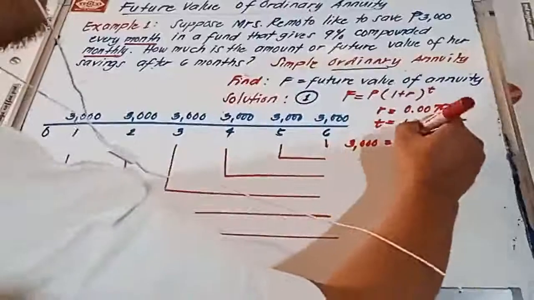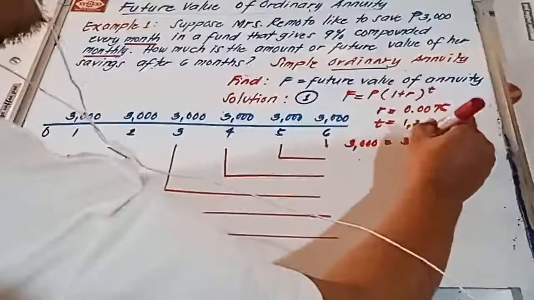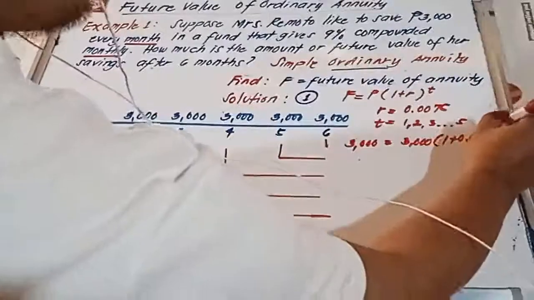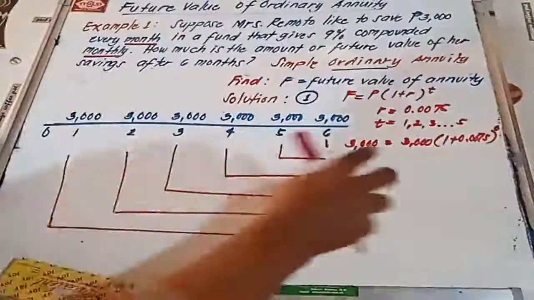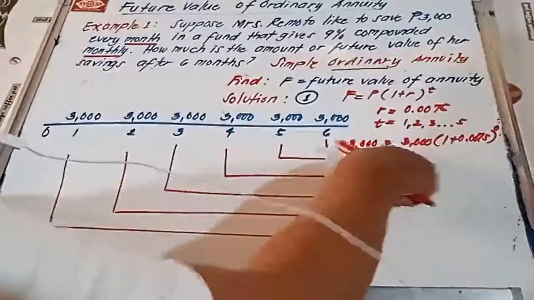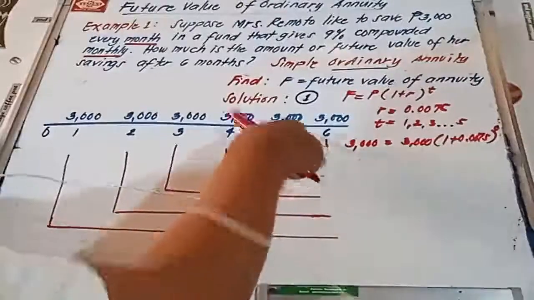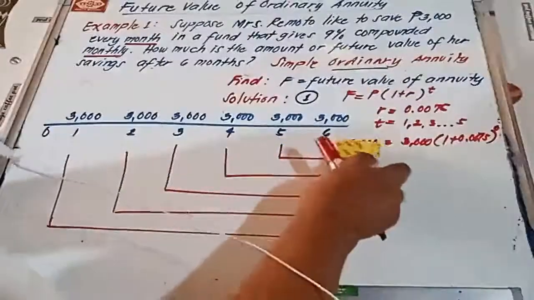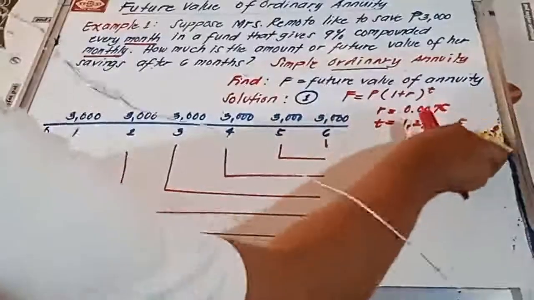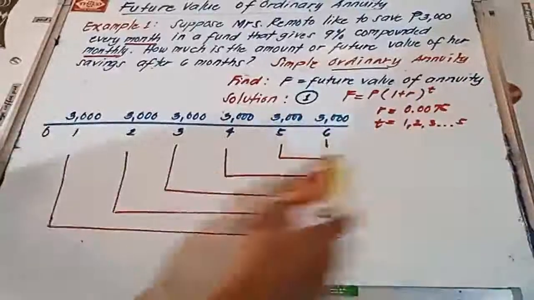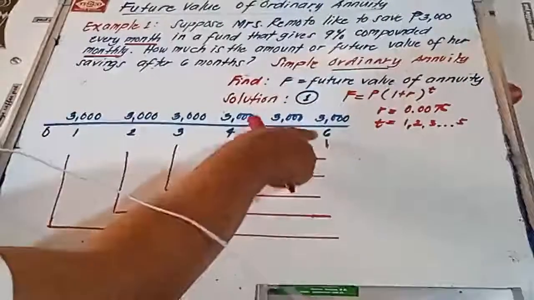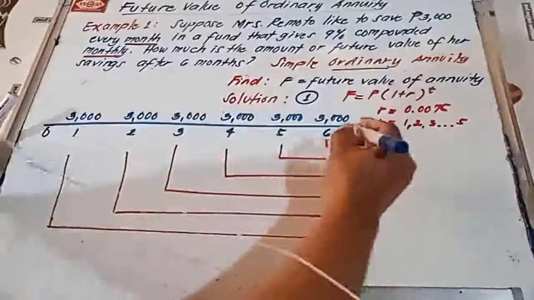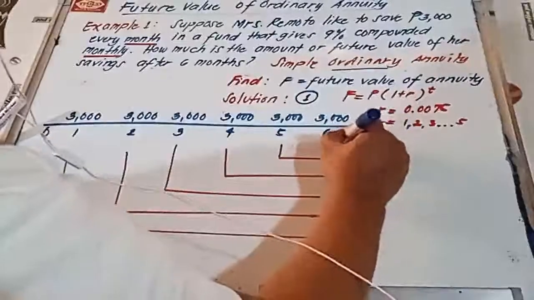We have 3,000 times 1 plus 0.0075 raised to 0. So this will become 1 times 3,000. It will still be 3,000. But my advice is, don't compute it anymore, because we already know that the future value of 3,000 on the 6th month is already 3,000.